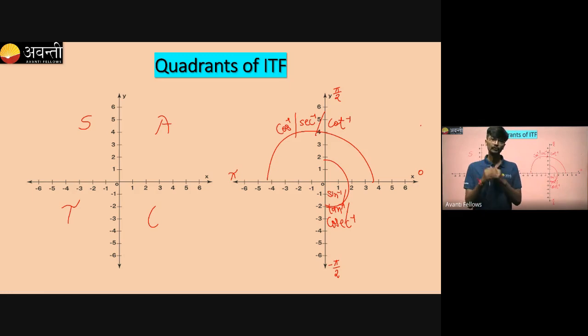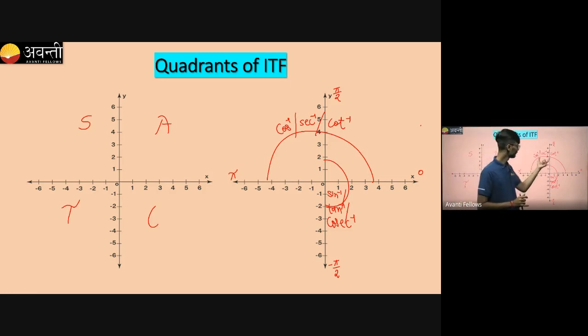So just remember, let's talk about cos. If I give a positive input, suppose cos inverse of half, then which quadrant do I have to look at? For positive angles, I have to look. And since cos inverse only has first and second quadrant in which I can give my answer, in which quadrant is cos positive? The first quadrant. So for positive input value, I have to look in the first quadrant. If a negative input value comes, I have to look into the second quadrant.